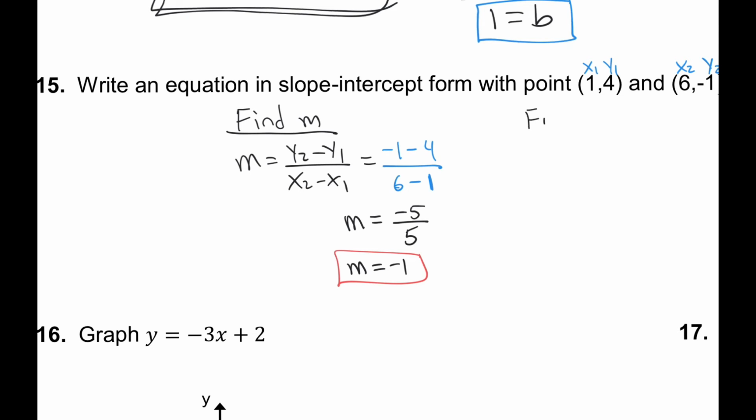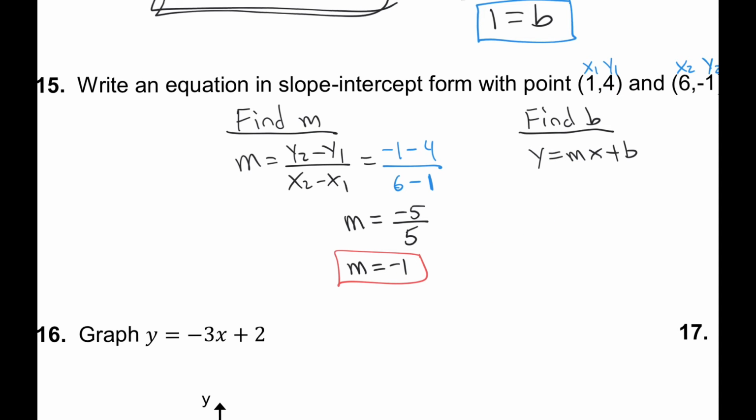Now we need to find b. So to find b, you're going to go back to the slope-intercept form: y equals mx plus b. I am going to pick 1 point. Doesn't matter which one. I like the (1, 4) because they don't have any negatives. So I'm going to substitute 1 into the x, the 4 into the y, and the slope is -1.